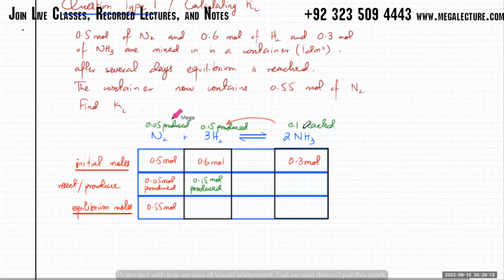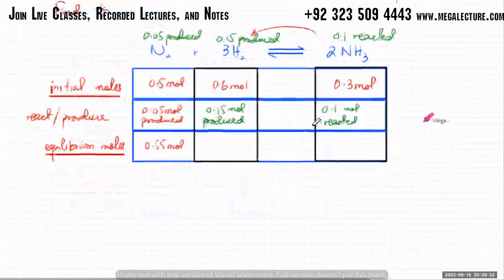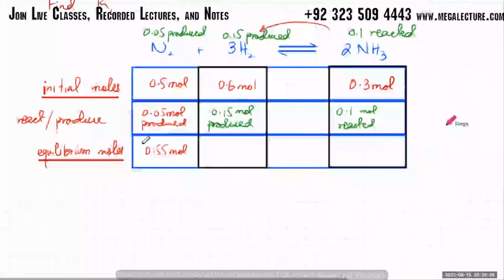To produce 1, 2 should react. So to produce 0.05, 0.1 should react. So what is happening here? 0.1 moles are reacting. So they reacted actually. Now I'm going to complete the last column, which is the equilibrium moles.